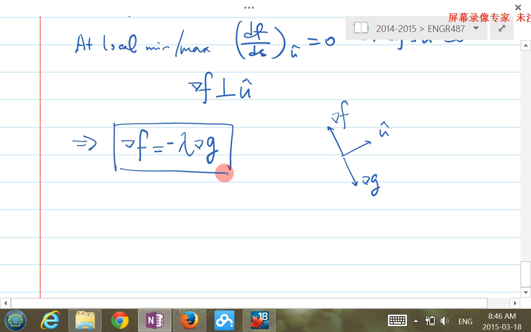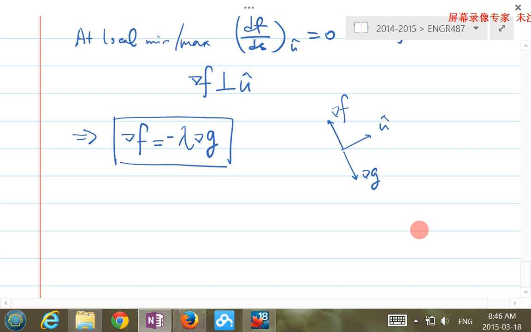But ultimately, going through this long-winded description is what I wanted to derive this one here. So at a local min, local max, the gradient vector of the function f is just a scale difference from the gradient vector of the constraint function g. That's basically the idea.